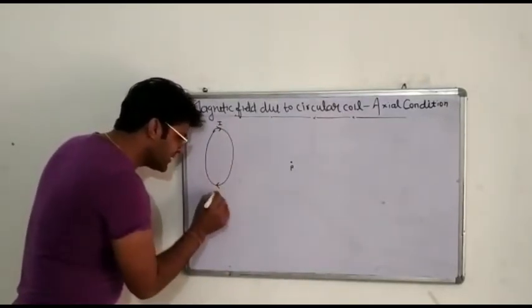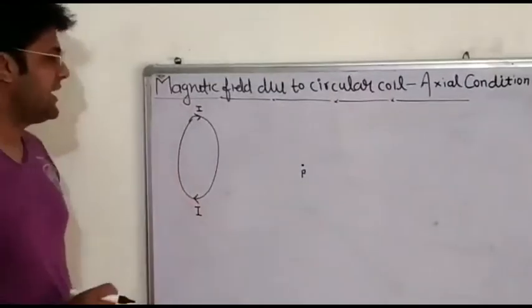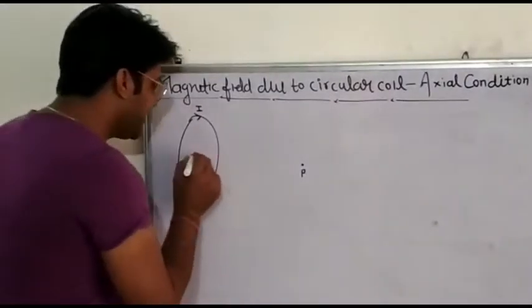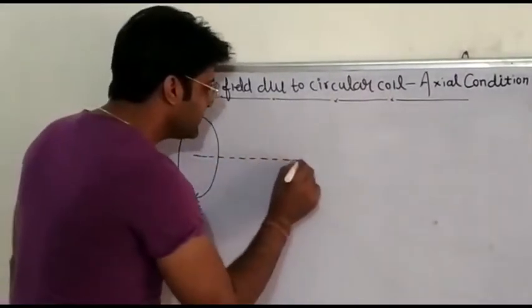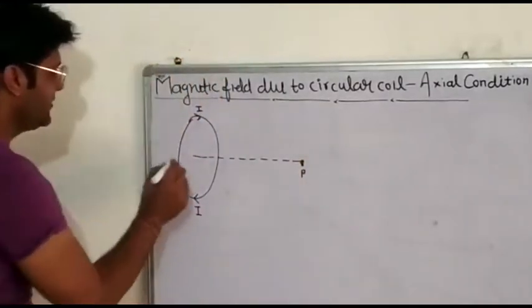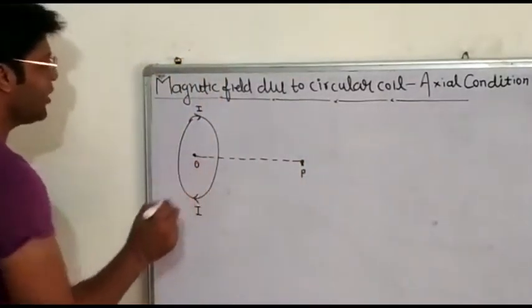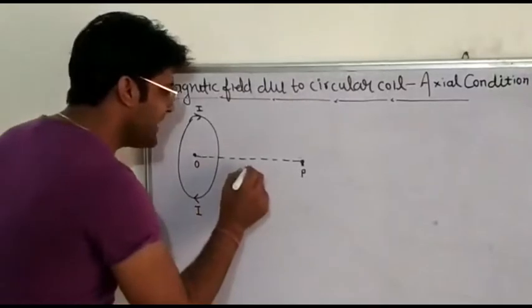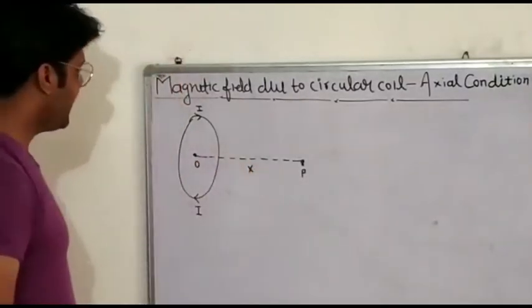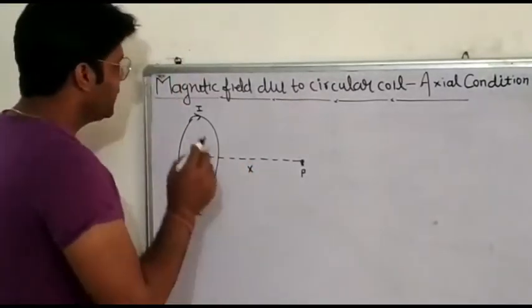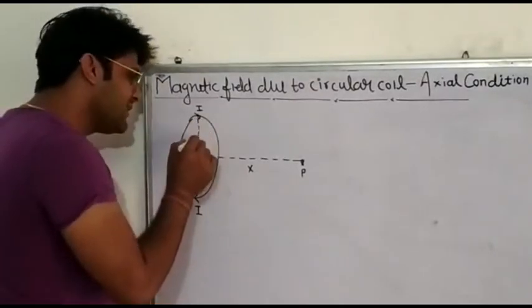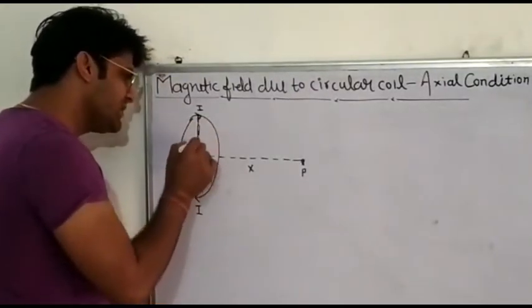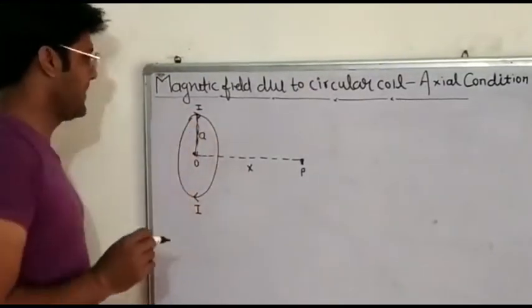So again we have the current I. We can consider that the distance of this point from the center of the loop is x, and here we can consider that the radius of this coil is small a.